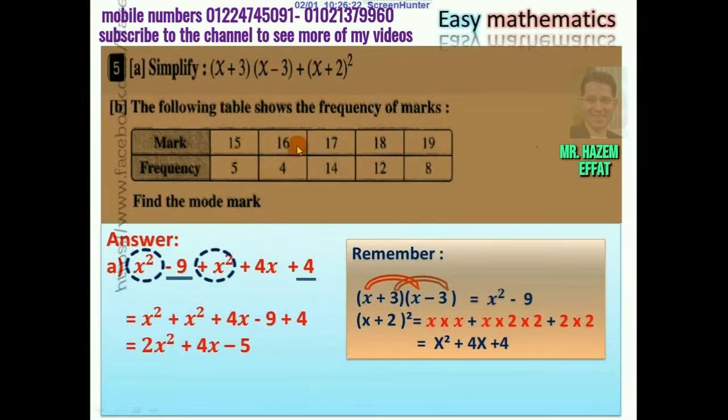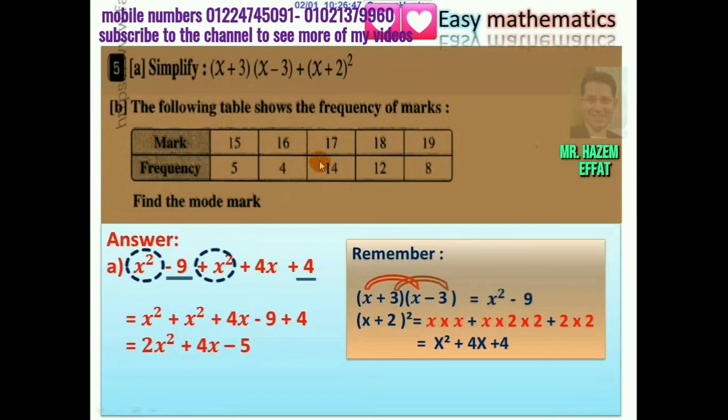The same, the students who get 16 marks, the number of these students equal 4. It means 16 here repeated 4 times. The same, 17 repeated 14 times. 18 repeated 12 times. 19 repeated 8 times. So what about the marks which is most repeated?